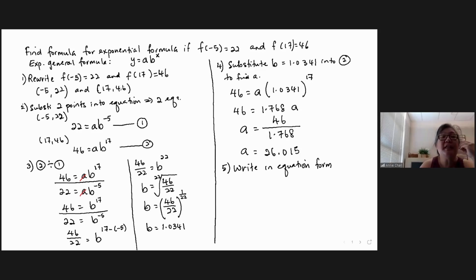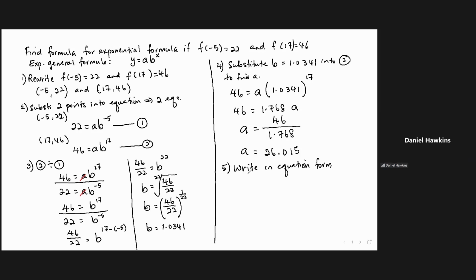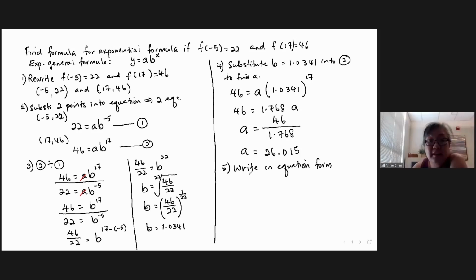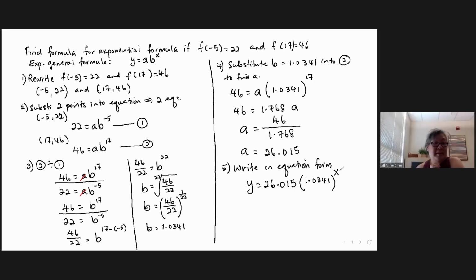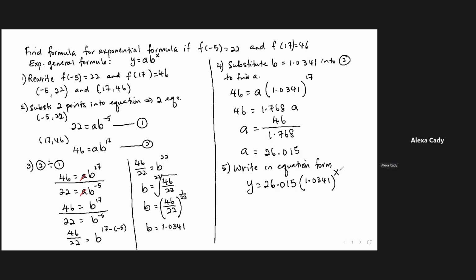No. What is the objective of doing everything that we're doing? Getting A and B. Have we found that? Yes. So it would be y equals 26.015 times, what was b, 1.0341, to the x power. Exactly. Are we done? Yes, we are done.